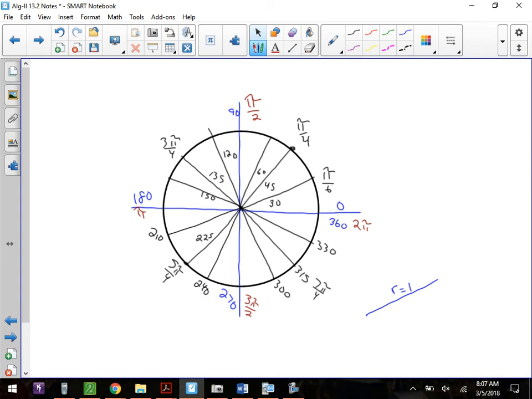So you have 0/6, 1/6, 2/6. Well, what's 2/6? 1/3. It's pi over 3. So 1/6, 2/6, 3/6, which is a half. 4/6, which is 2/3. 4/6, 5/6, 6 sixths, 7 sixths.